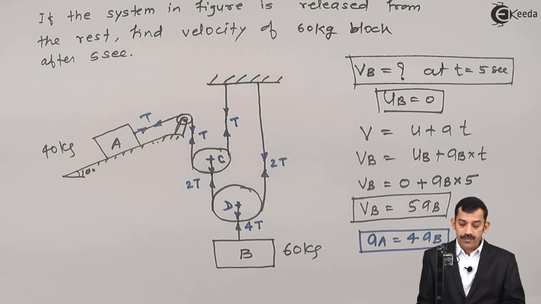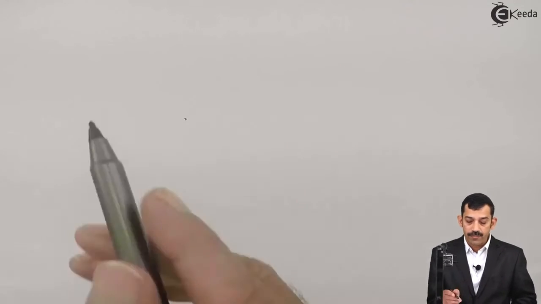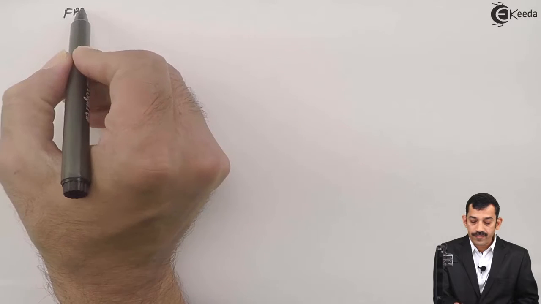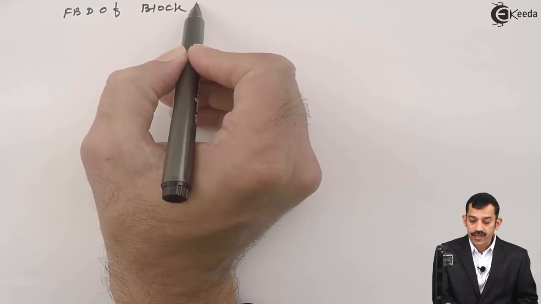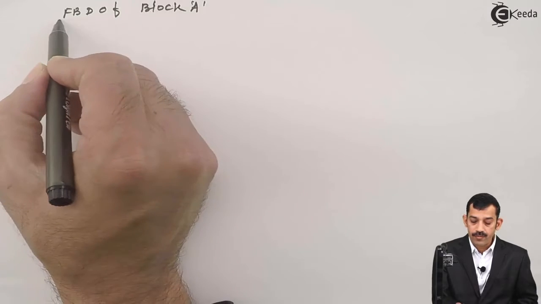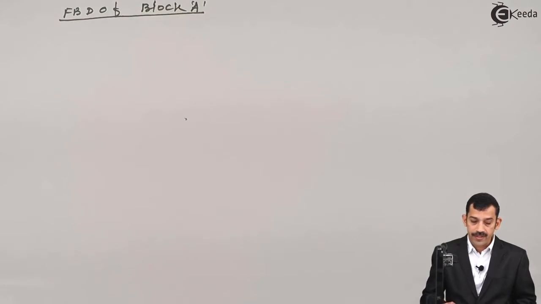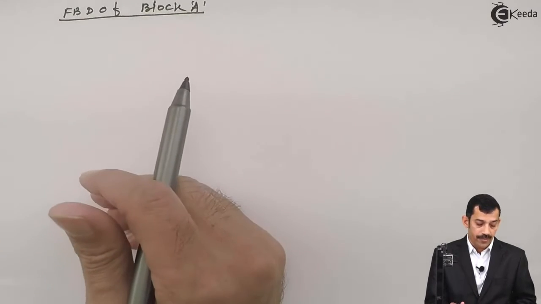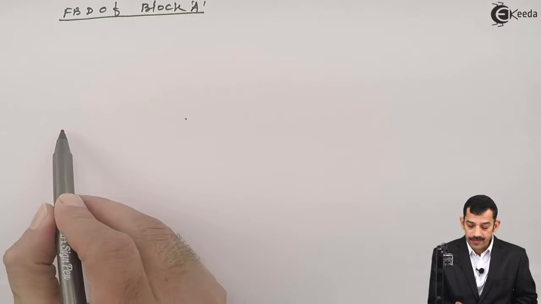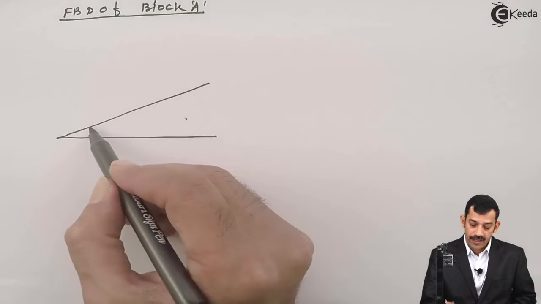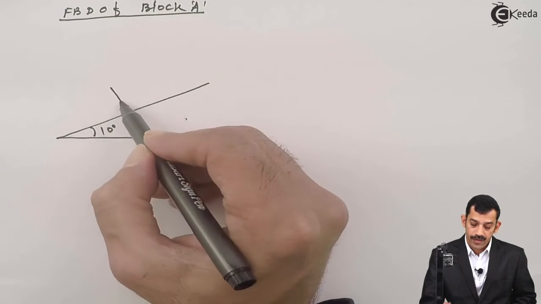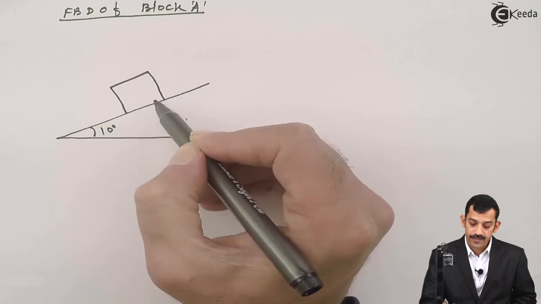Now we'll draw the FBD of block A and the FBD of block B. I'll draw the FBD of block A here. Block A is on an inclined plane, and the inclination of the plane is 10 degrees. Let me draw a horizontal line. This is inclined at what angle? 10 degrees. The block is initially at rest.